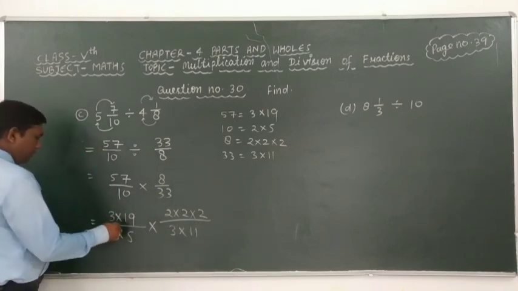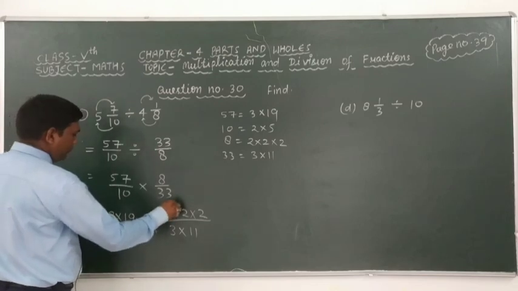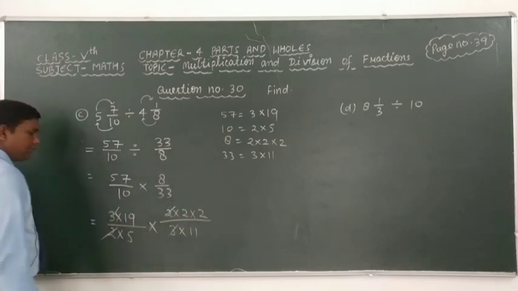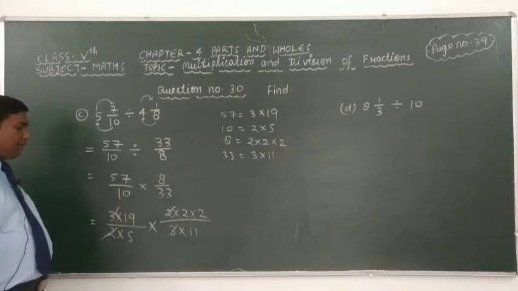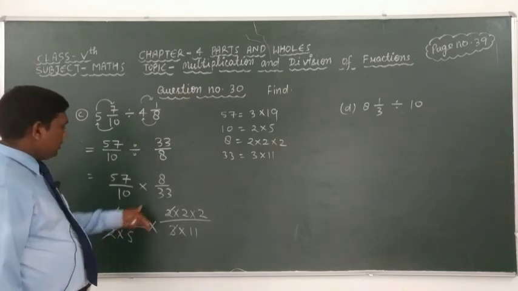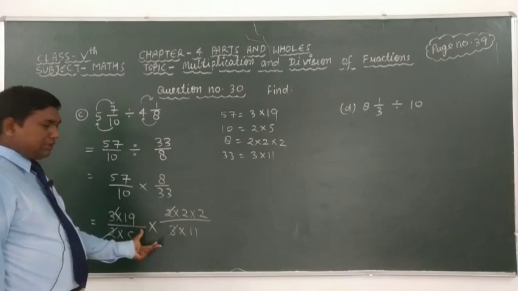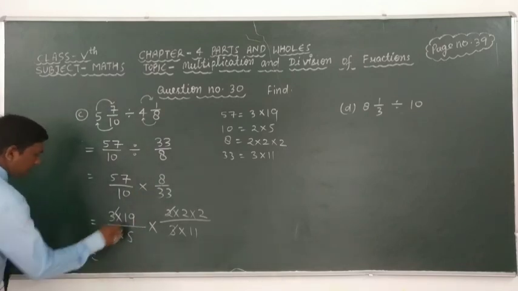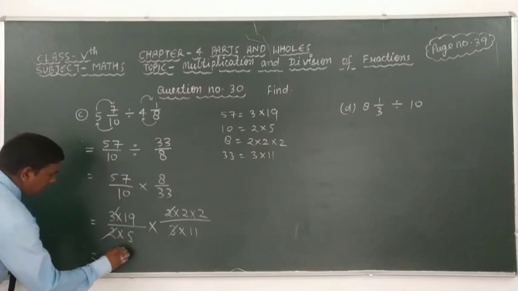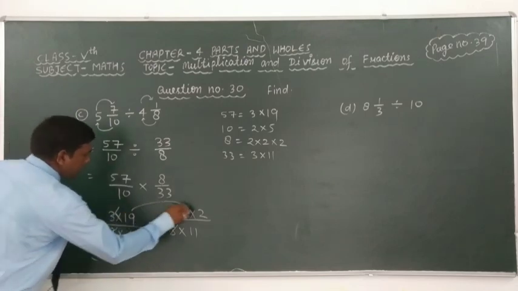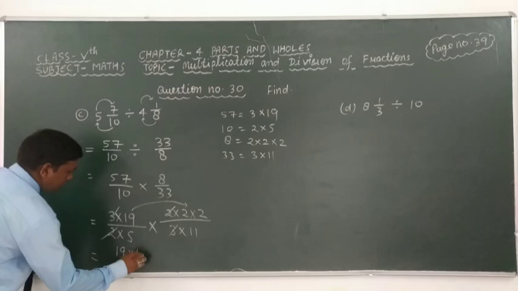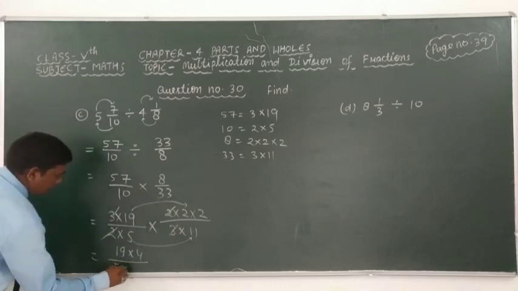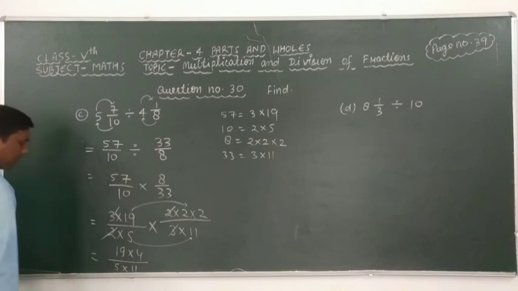Here we get 2 cancel out, here we get 3 cancel out. Okay, students, it means that above solution plus this solution are same. Clear? Look, here we get 19 multiplied by 2 twos are 4 multiplied by 5, 4 into 11, 5 into 11.